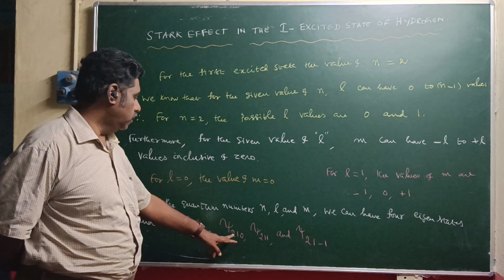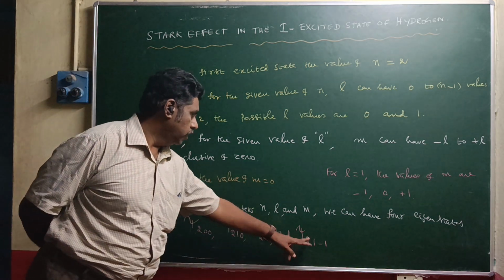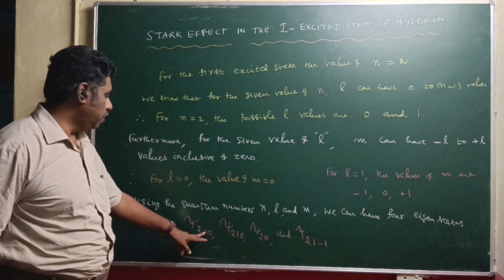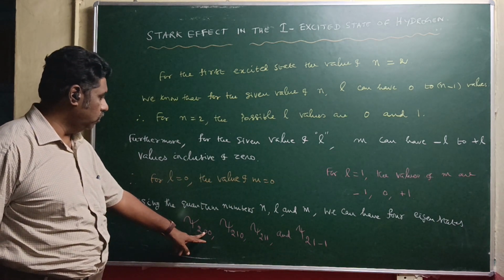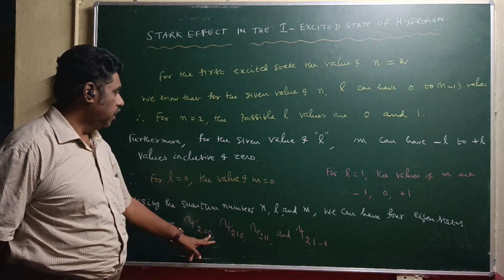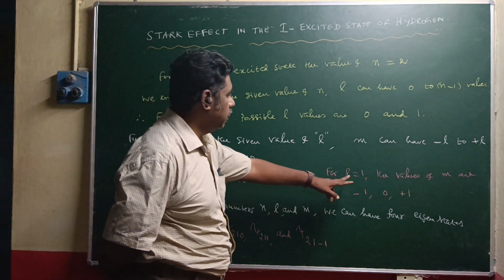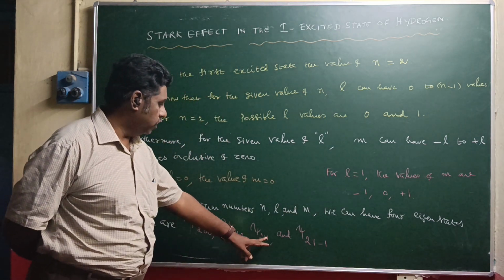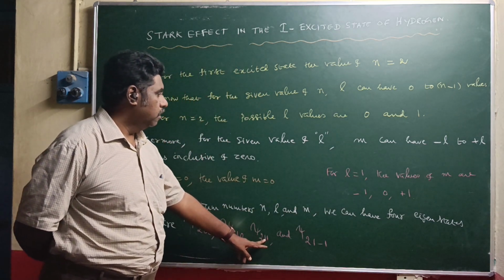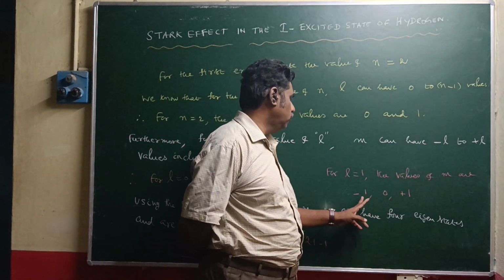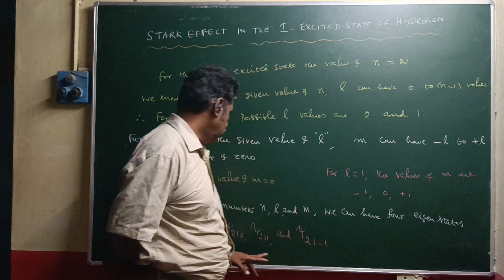If the orbital angular momentum quantum number L is equal to 0, automatically M is equal to 0. The next possibility is n equal to 2, L equal to 1, where the possible values of M are minus 1, 0 and 1.